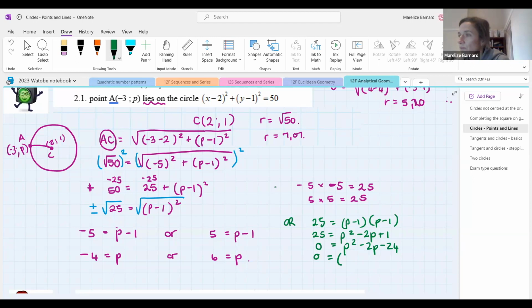And we factorize that quadratic, p minus 6, p plus 4. And that gives me p is 6, or p is -4. So if you wanted to do it this way, this was another way. If you chose to multiply these brackets out, then you can solve for p in that way.